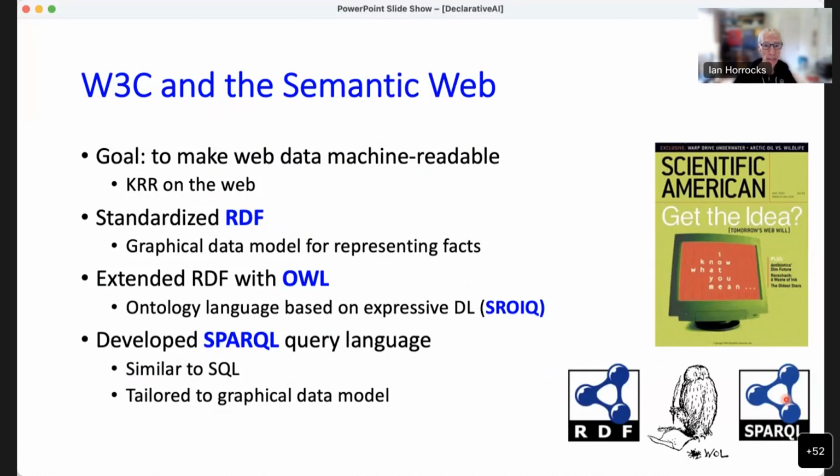And there were even several practical systems that had been developed for relatively expressive description logics. And for this reason, the W3C decided to use an expressive description logic, one called SROIQ actually, as the basis for the W3C OWL language.